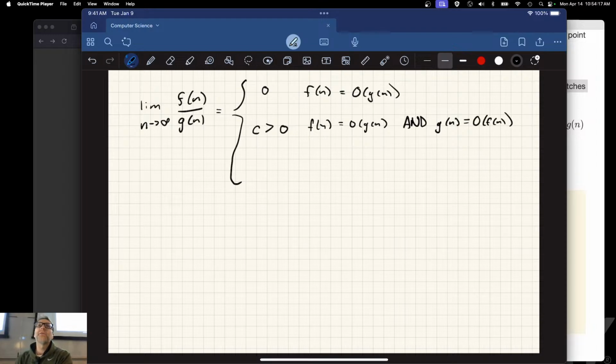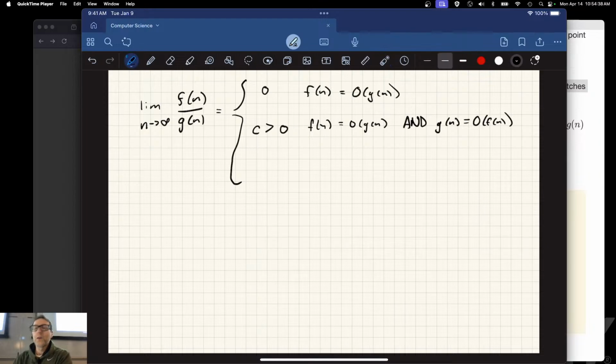In other words, they have the same rate of growth. Now, if we were doing this in, say, 235 or 310 or something like that, a higher course, I would call this big theta, right? But I don't want too many Greek letters, right? These are Greek, right? Yeah. I only want to deal with omicron, or O here in this case, okay?